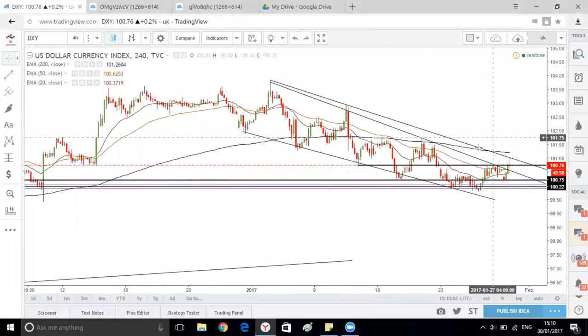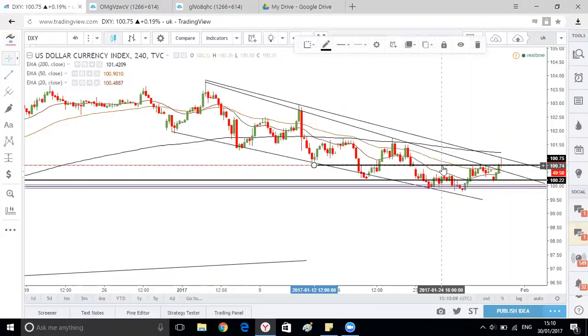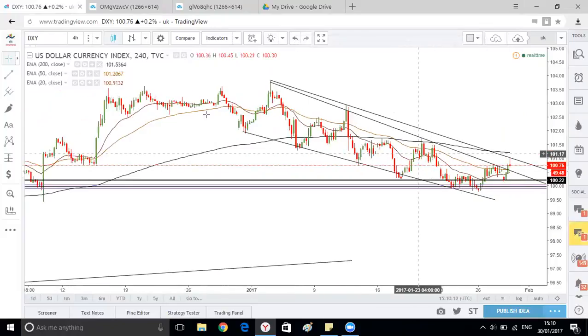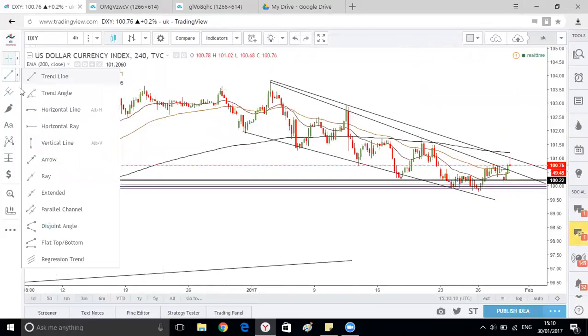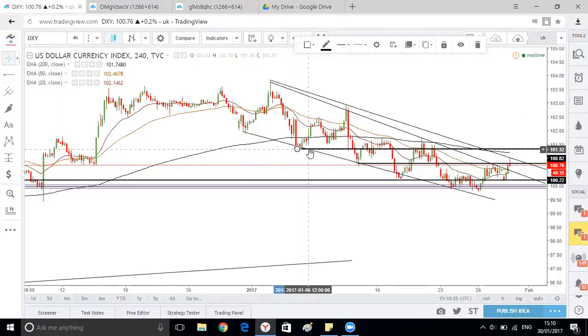So I did mention this level. We need a clear break from this level. You can see I've drawn the horizontal ray. For all of you that are going to analyze yourselves now, go onto the trend, get a horizontal ray, then plot these levels, put a line in here, maybe one here. This is more of a zone rather than a level.